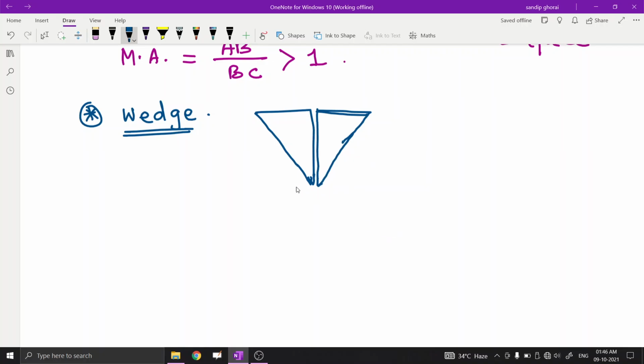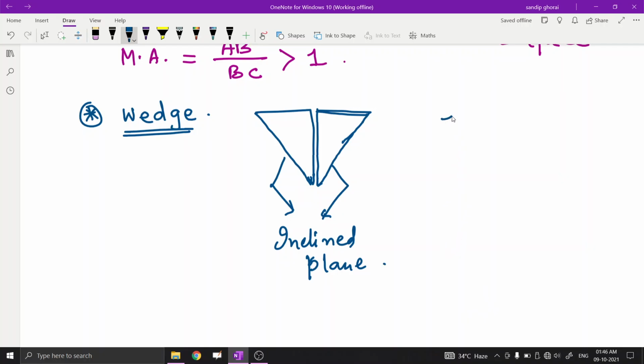So here this and this edge are inclined planes. The sharp edge is used to cut, slice or push things apart. A knife, an axe and a chisel are some examples of wedge.